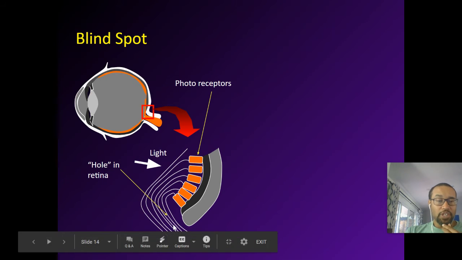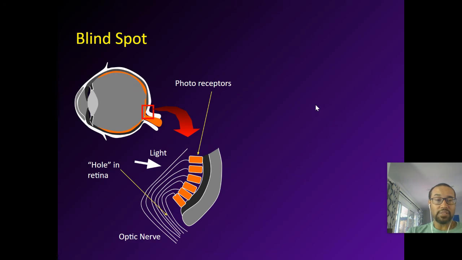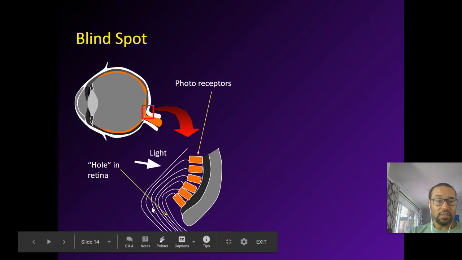You see the optic nerve. This is, remember, the connection from the eyeball to the brain so that your brain can process the image. Well, these nerves actually pass in front of these photoreceptors, the rods and cones from your retina that are there to process that light.